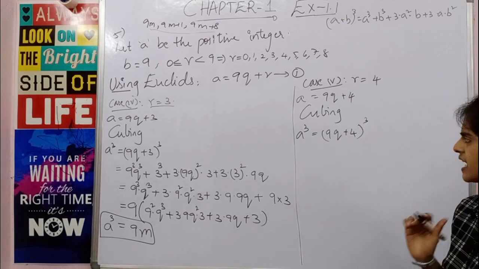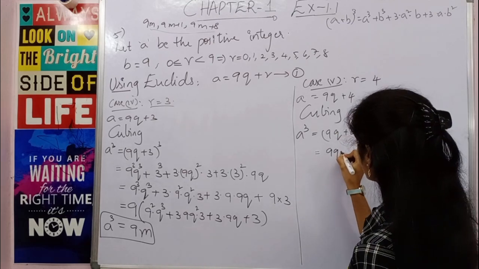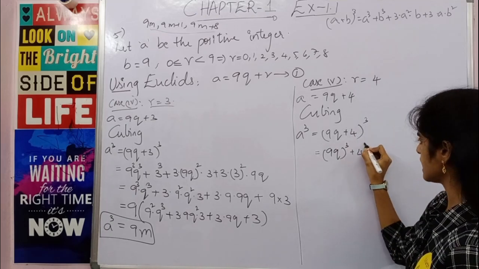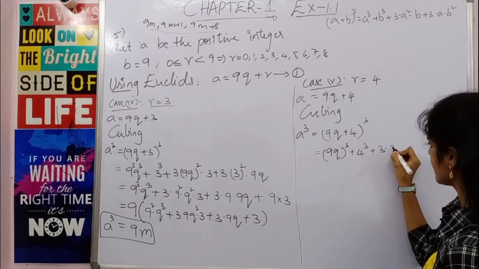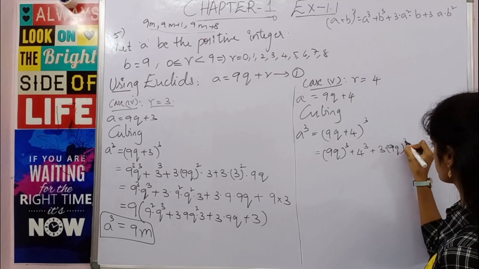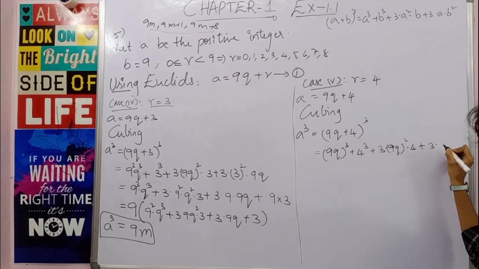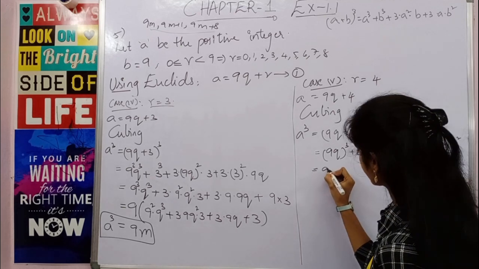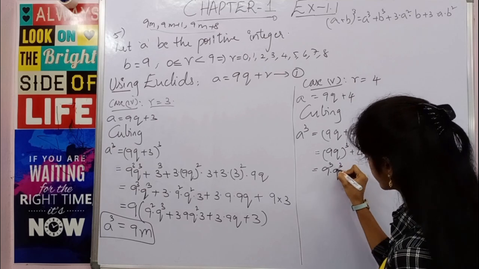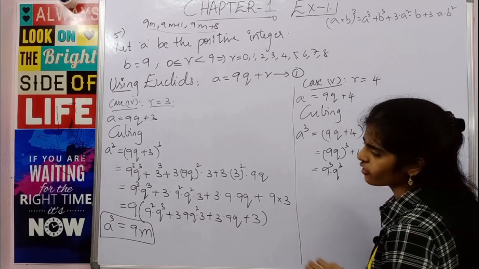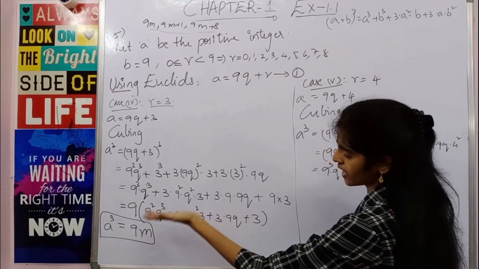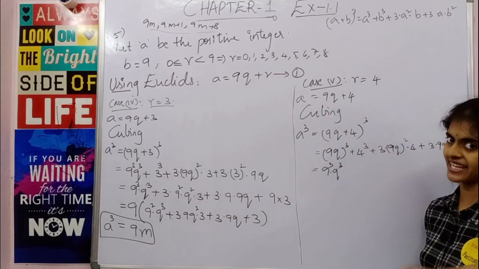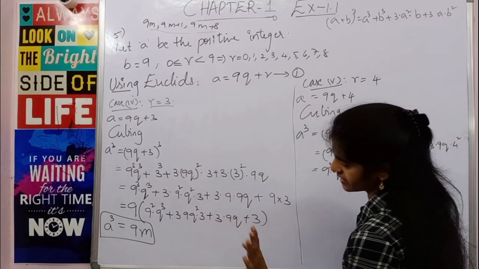Again the same formula: a cube plus b cube plus 3 a square b plus 3 a b square. Clear? From this again I am not solving, because as I already told you, anyway you are going to take this entire thing as m. So I don't want to waste your energy, my energy and time in solving all this.